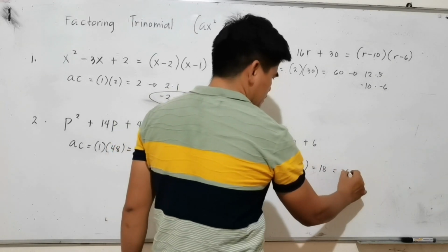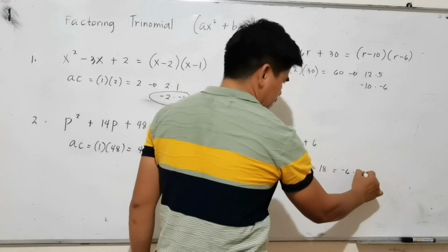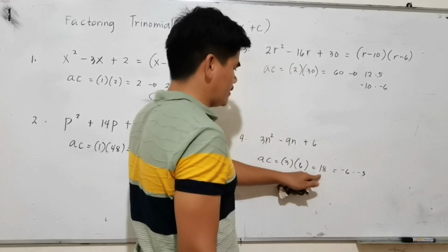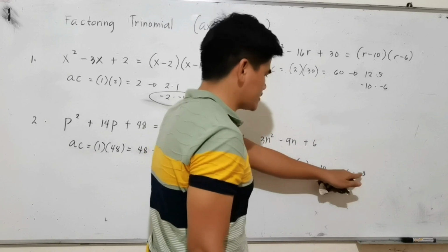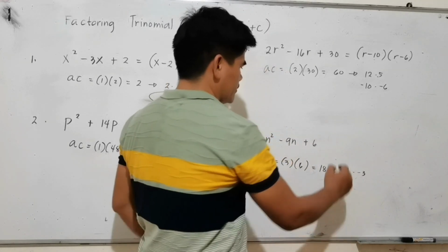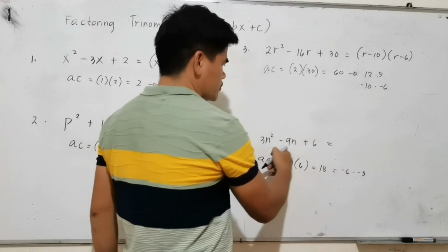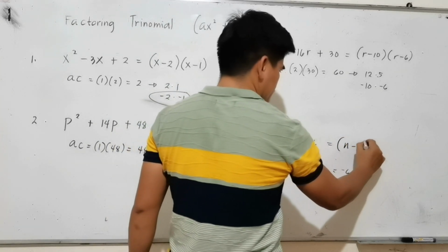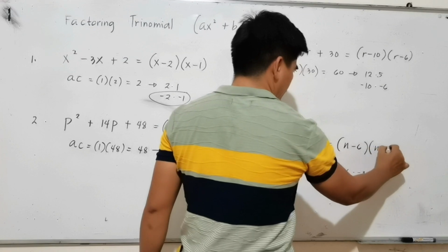So negative 6 times negative 3. Negative 6 times negative 3 is positive 18. Negative 6 plus negative 3 is negative 9. So it satisfies the middle term. So we have n minus 6 and n minus 3.